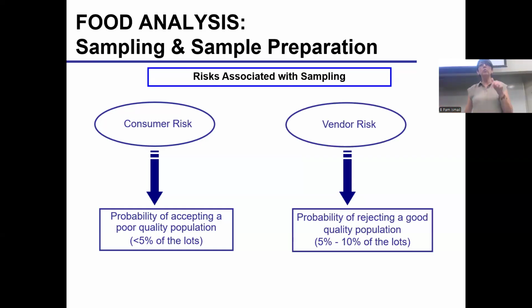However, there's also the risk of rejecting a lot, because you lose money. You might be rejecting a lot that was totally fine. You just made a mistake and you rejected it. This risk you have a little more wiggle room with, but it should still be low, between 5 and 10% or less than 10%.